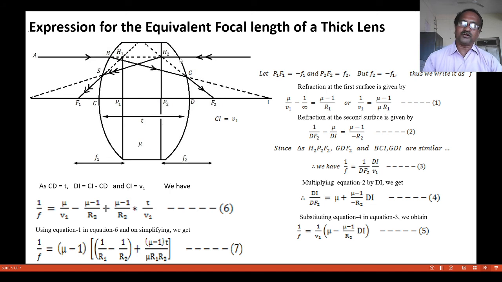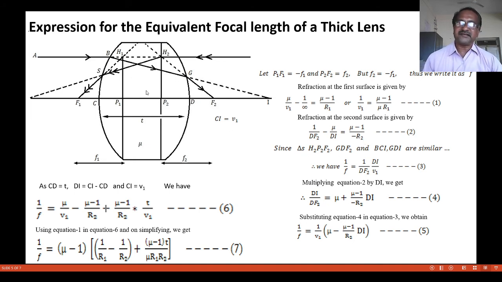Similarly, applying it to the second refracting surface, we get this equation: 1 by dF2 minus mu by dI is equal to mu minus 1 by minus R2. In fact, this has to be written as 1 minus mu, but if we rewrite it as mu minus 1, it should be taken as minus R2 here.